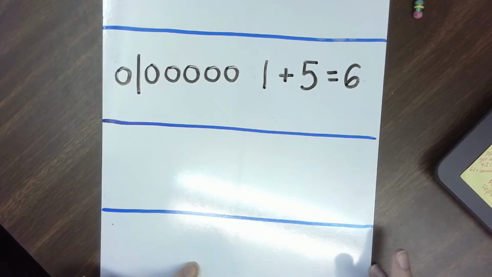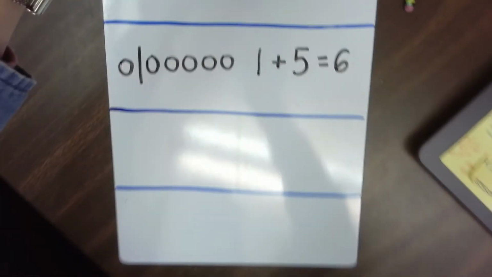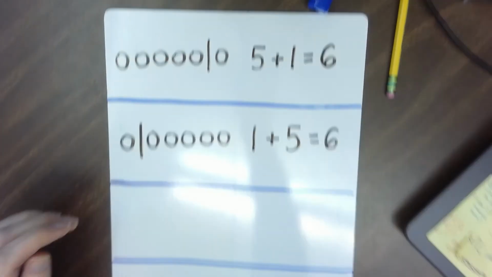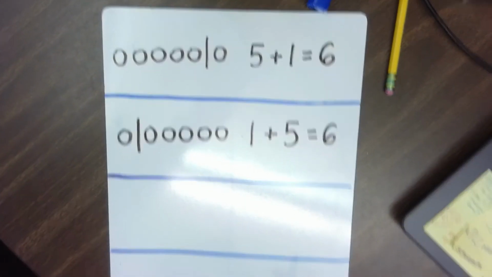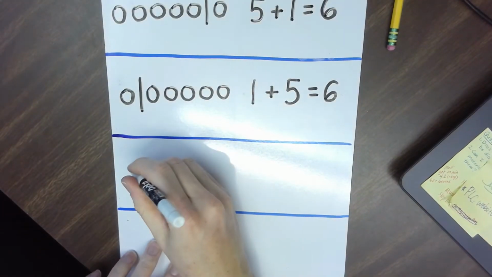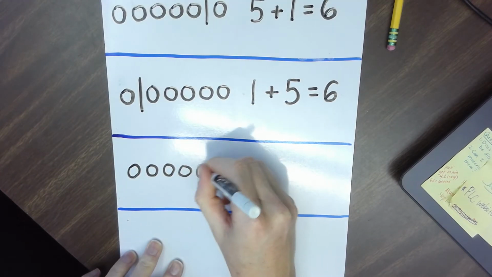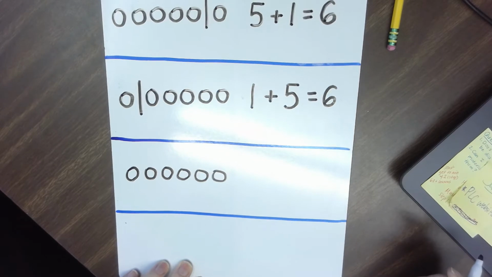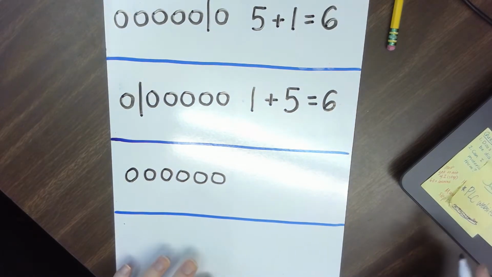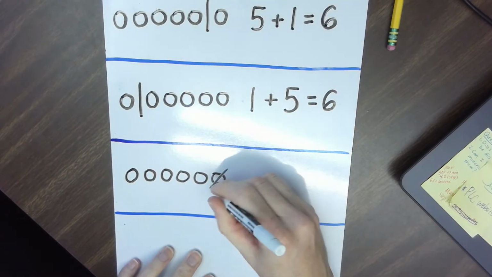So take a look down here. I'm going to start taking pennies from Bob. So now Bob is starting with 6 pennies. 1, 2, 3, 4, 5, 6. So Bob has 6 pennies, and now I'm going to take away 1 penny.